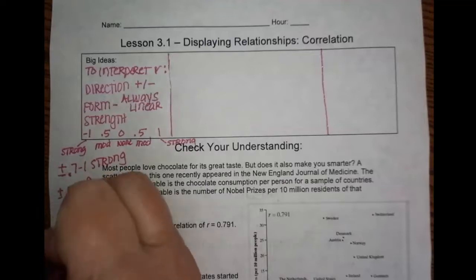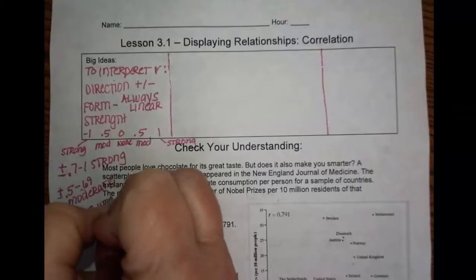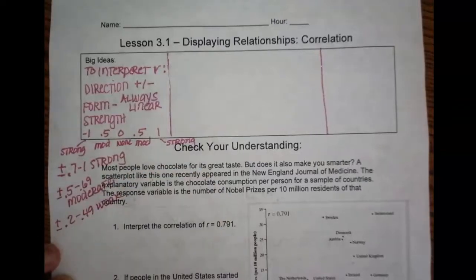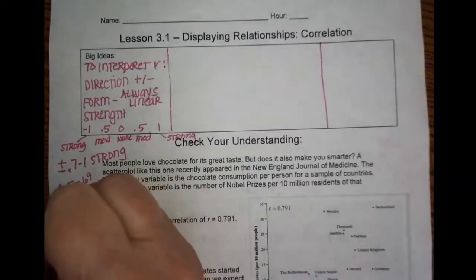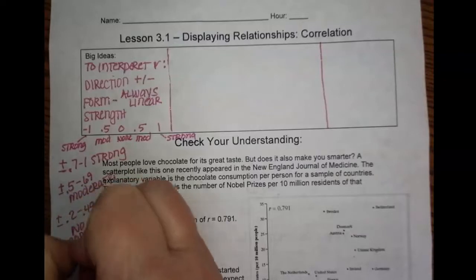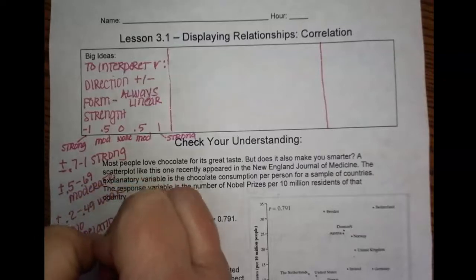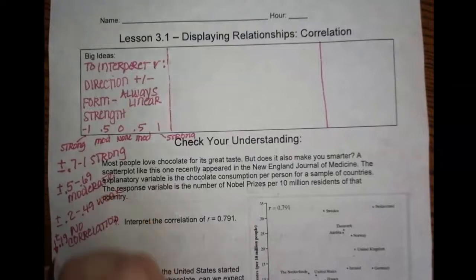Positive or negative 0.2 to 0.49, we'll call weak. And then everything else would just be no correlation. So if you're lower than positive or minus 0.19, no correlation.